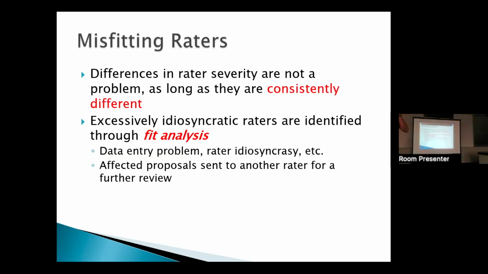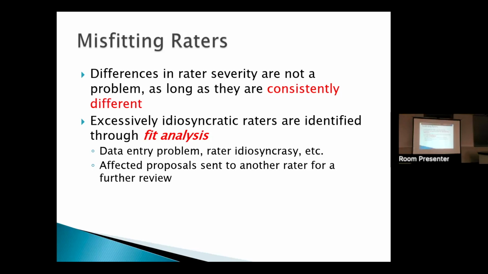Now, we have this other problem, misfitting raters. The many-facet Rasch measurement can adjust for severity as long as raters are consistently different. But sometimes people behave idiosyncratically. So we do what's called fit analysis to identify idiosyncratic ratings. And then, sometimes it's just a data entry problem.